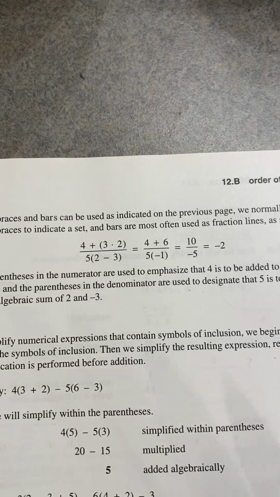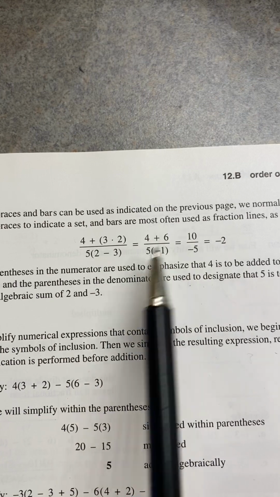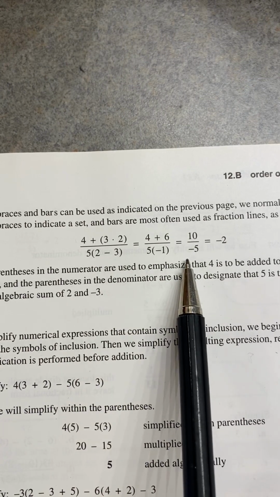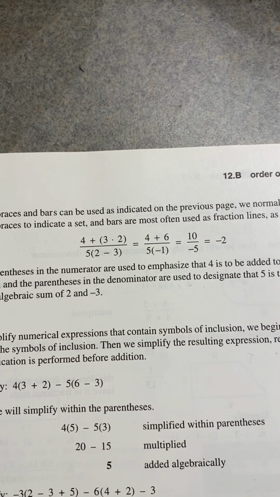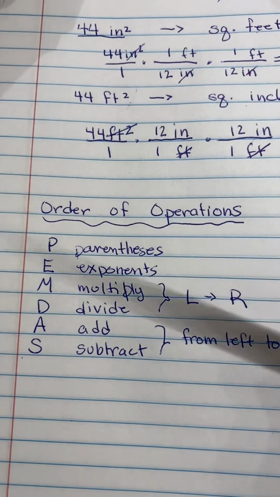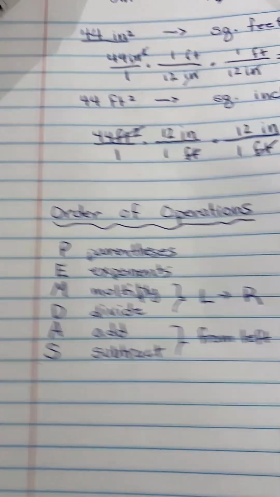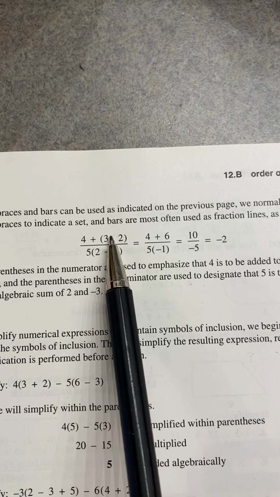Remember what we said about fractions. We have to simplify the top, simplify the bottom, and the very last thing that we do is the division. So this doesn't quite fit the PEMDAS because we're doing the division dead last, but that is just how we work fractions. Simplify the numerator.